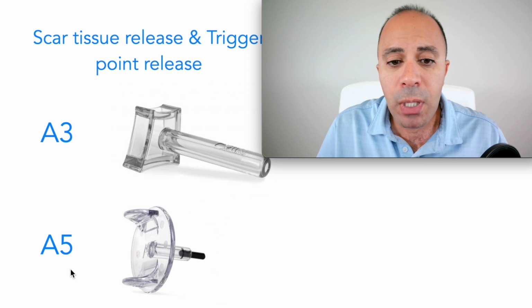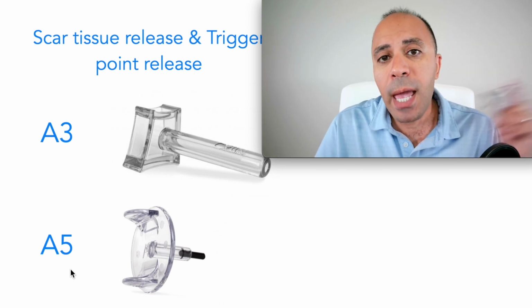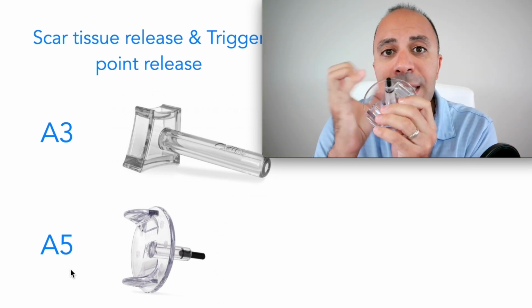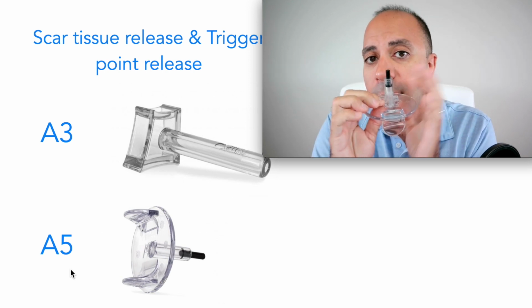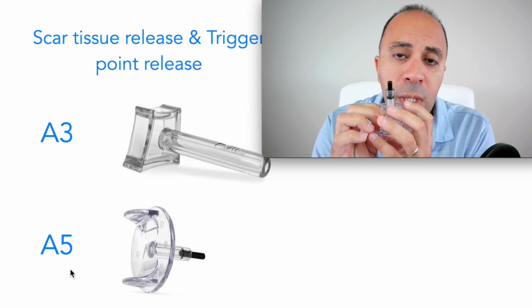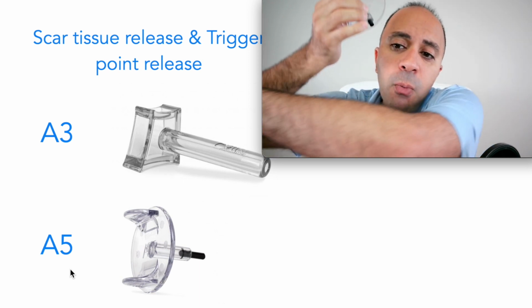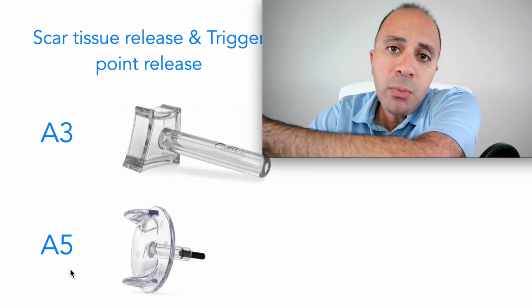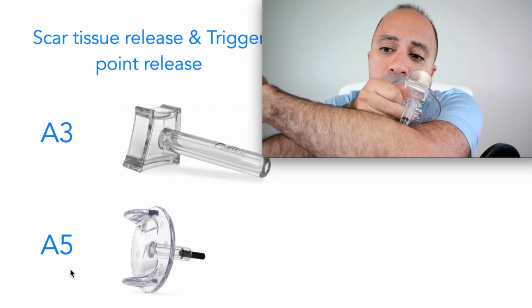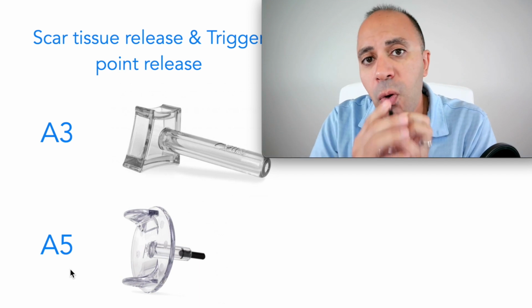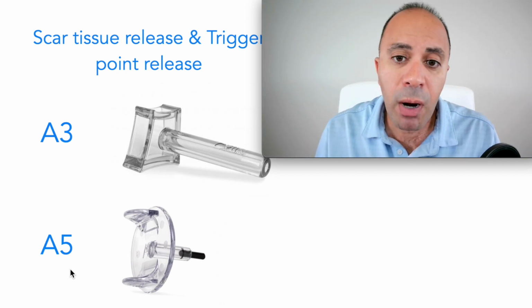And at the same time, I have to use the E5 to break the scar tissue, fascial restriction, and trigger points. That's why I said massage or foam roller are not effective, because with massage or foam roller, we're not going to be able to go deep enough to cause mechanical force. I personally use the A5 to actually go deep to release the deep scar tissue.